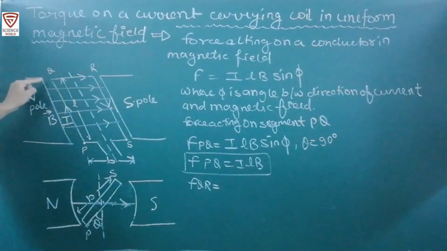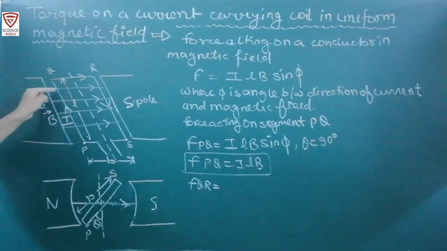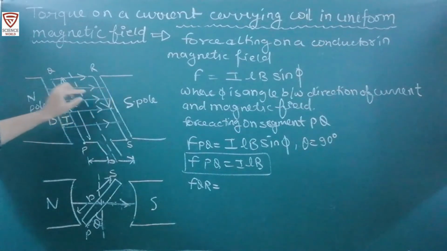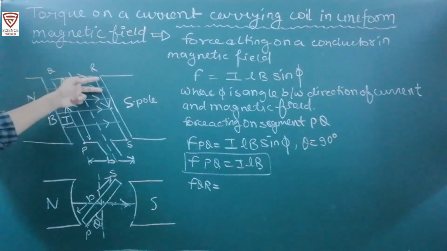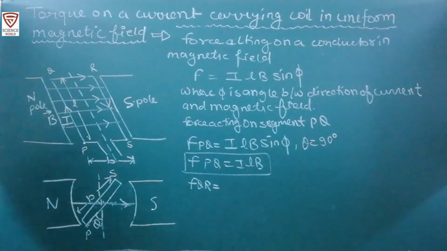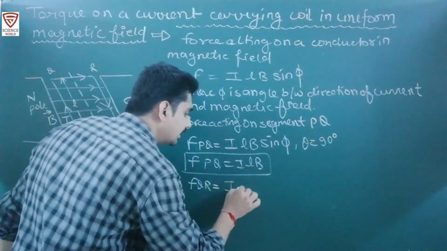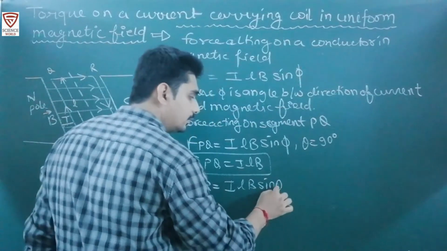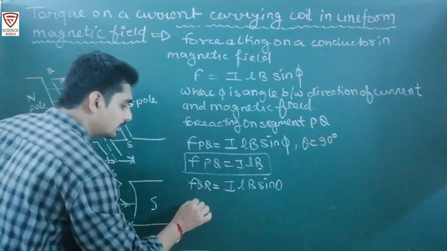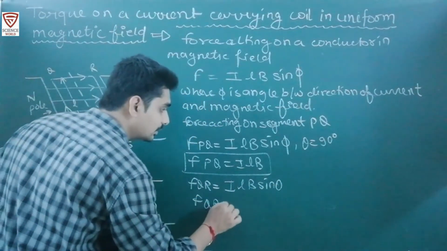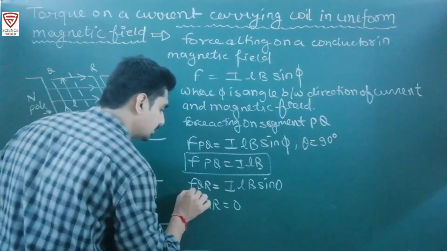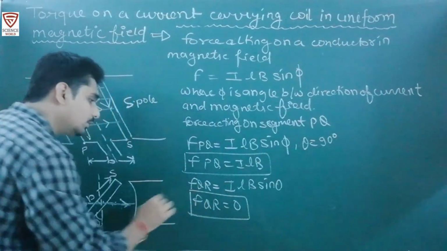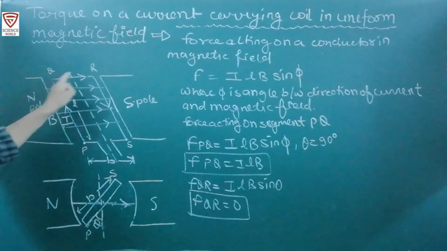So when the direction of current is along the direction of the magnetic field, this angle will be 0 degrees. Then it will be ILB sin 0, and the value of sin 0 is 0. Then FQR is equal to 0. So no force will act on this segment.